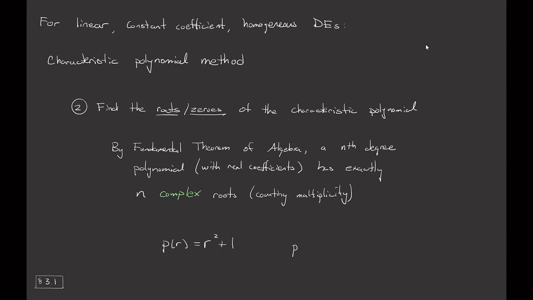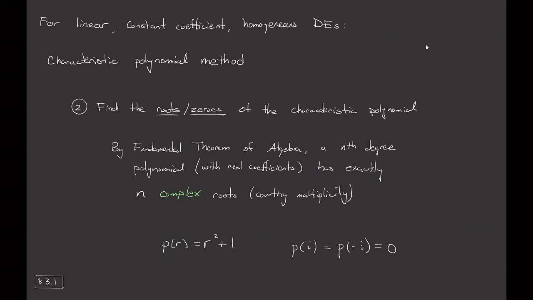Namely, if we take p of i or p of negative i, both of those happen to be equal to 0. And that's just a really simple little example to maybe ground the fundamental theorem of algebra a little bit more.